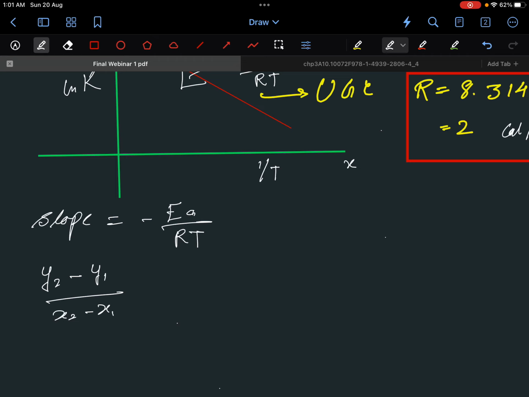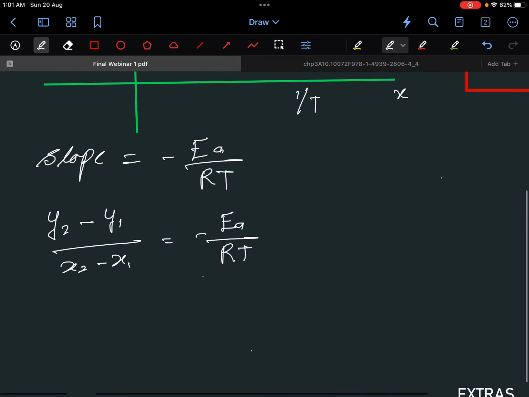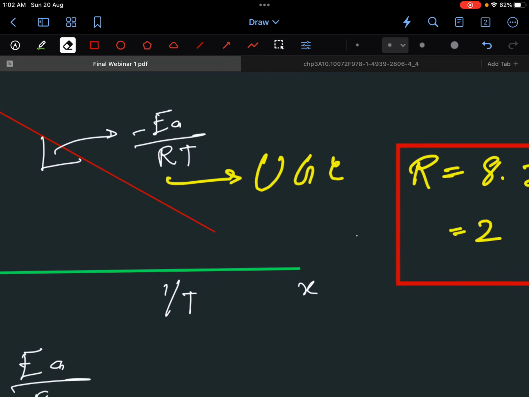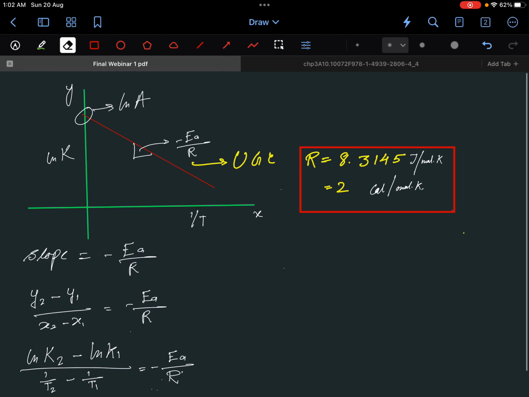So y2 is ln k2 minus ln k1, divided by, x is 1 by T, so 1 by T2 minus 1 by T1, equal to minus Ea by R. Not RT, actually the slope is R, not RT, sorry, because 1 by T is already the x coordinate.